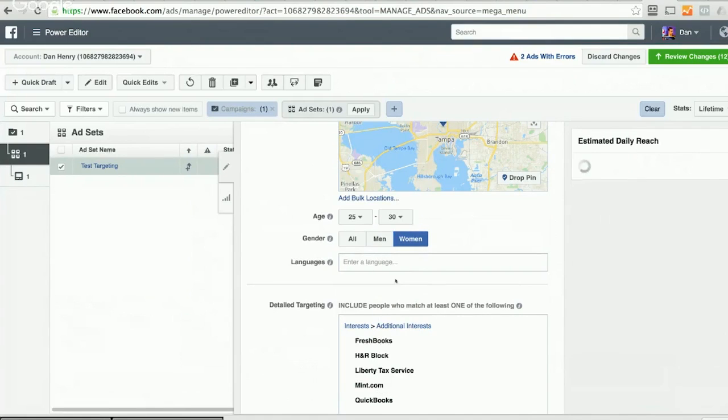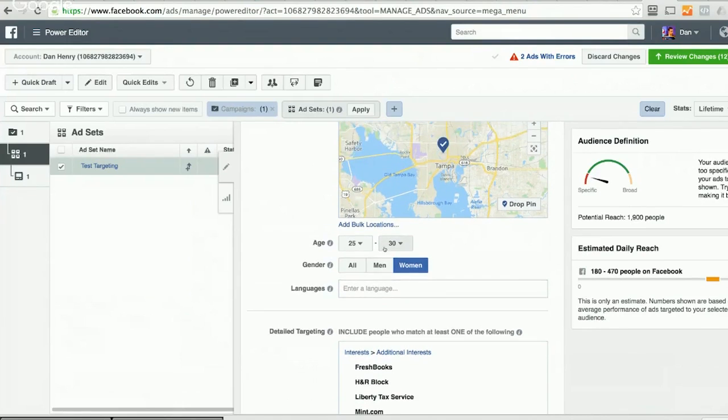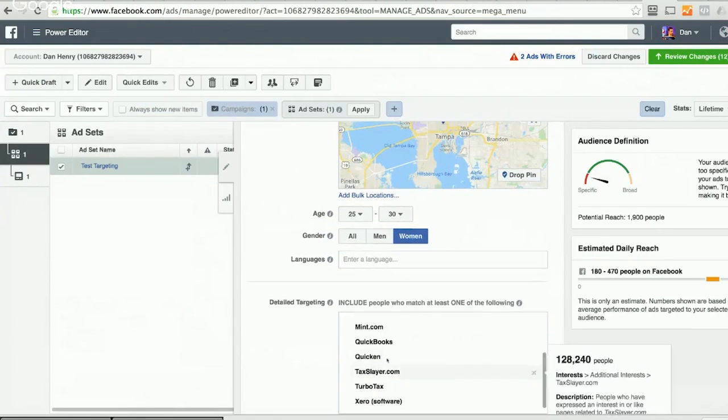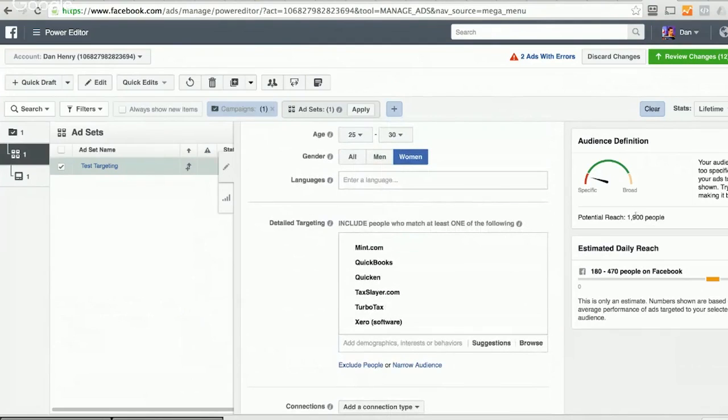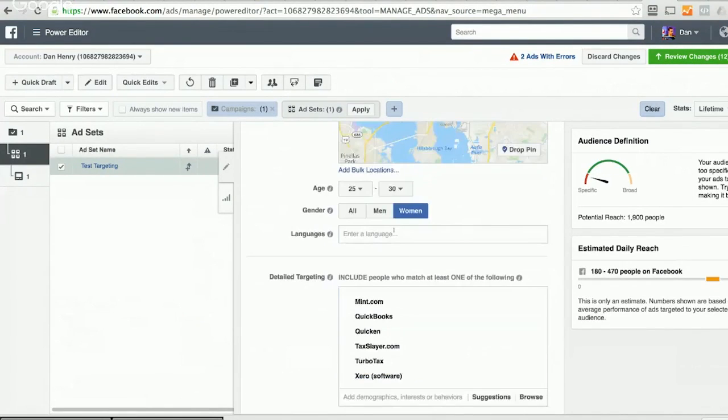Like 1,900. A little low, as we can see, we're in the red there, but you can maybe increase the age or get more interests that are similar and bump that up a little bit. That's pretty low. Or you could always, at the very least, do your wide, do 2 ages and the genders, but I think we could find more here. But that's essentially the direction I would be heading.